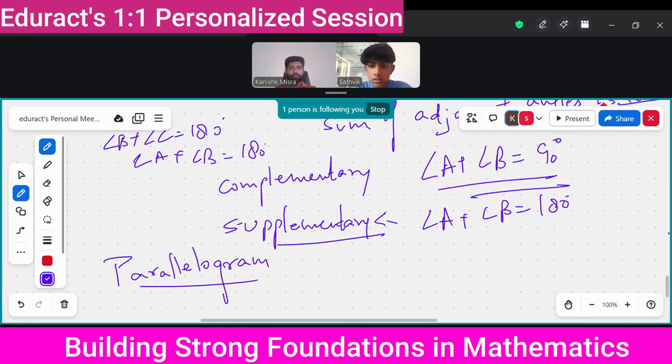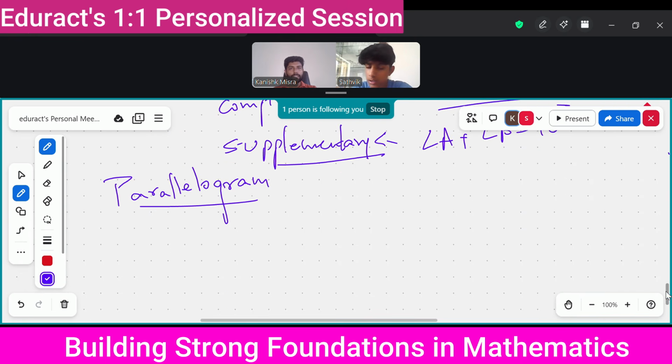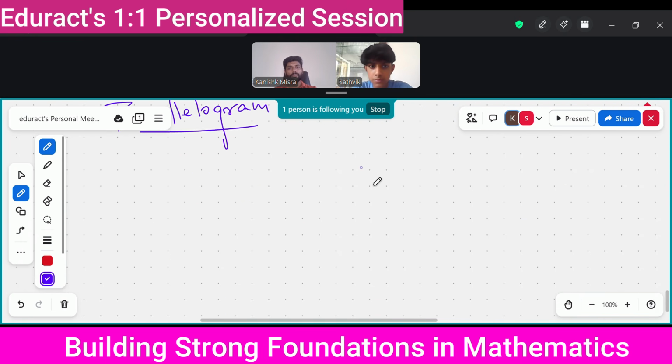I hope the parallelogram part is clear. So recall all the properties of a parallelogram. Opposite angles are equal. Opposite sides are parallel and equal. That's why it is called a parallelogram, no?